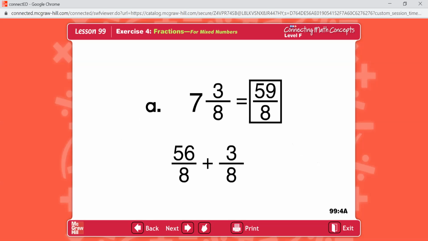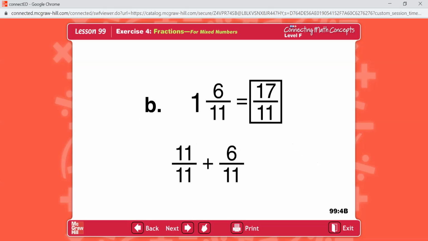Problem B, 1 6/11. Work the problem, pause the video, resume when you're ready to check. Here's the answer to B. Problem C, 9 4/5. Pause the video now to work the problem.